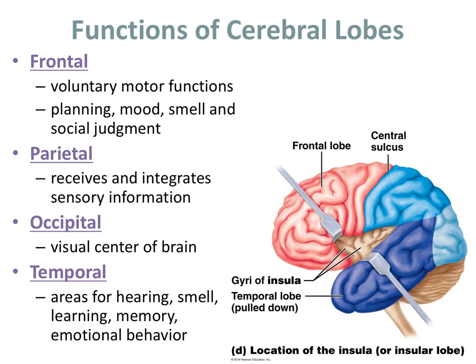The parietal lobe receives and integrates sensory information, so the information comes in on the postcentral gyrus and is integrated just posterior to that. The occipital lobe is the visual center of the brain, and the temporal lobe contains areas for hearing, smell, learning, memory, and emotional behavior.